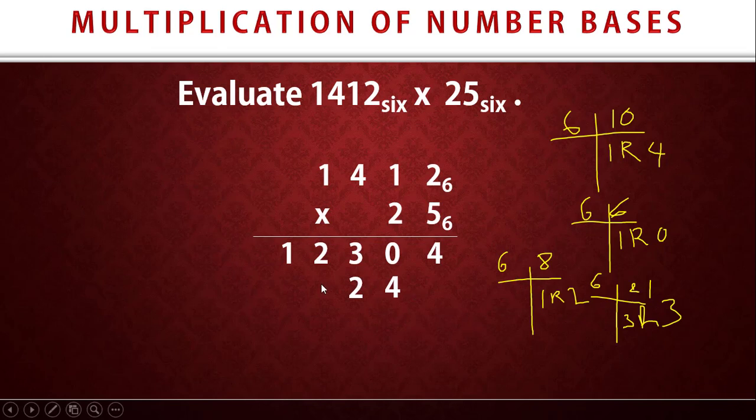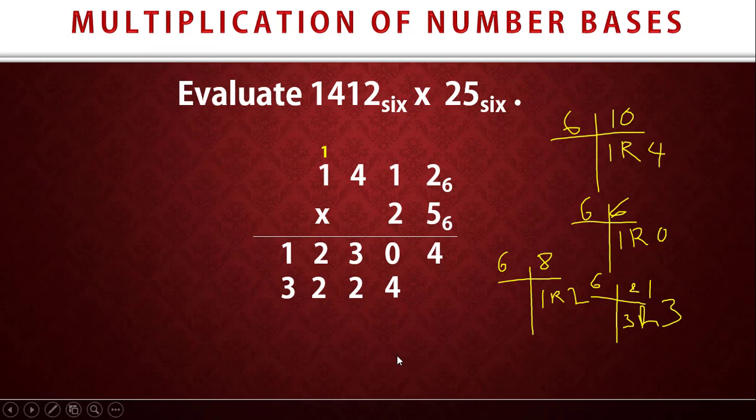So we write down the remainder, and then the 1, which is the whole number, we carry it to the next phase of multiplication. The next one now will be 2 multiplied by 1, and that will give us 2. Then we add that 1 to it, 2 plus this 1, that will give us 3. And the 3 is less than this 6, so we can write down the 3 directly.